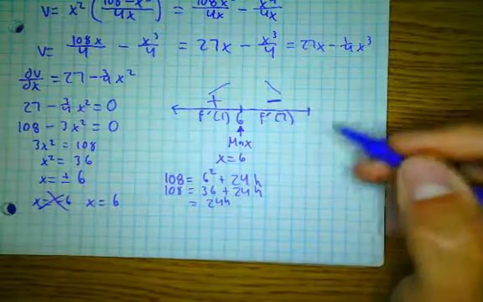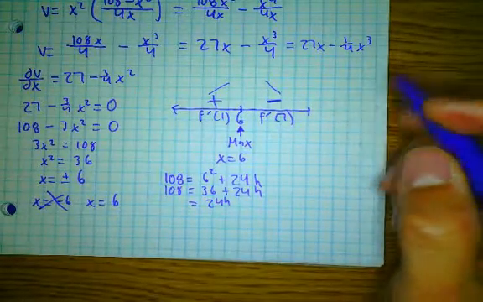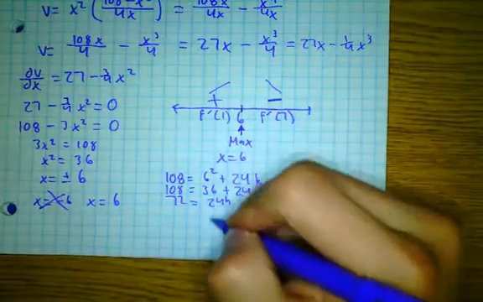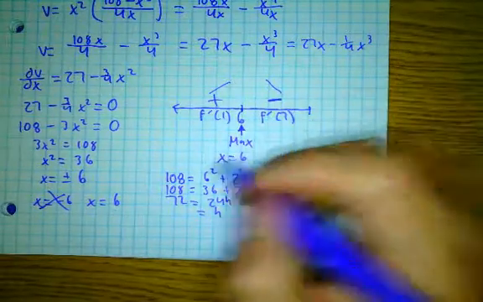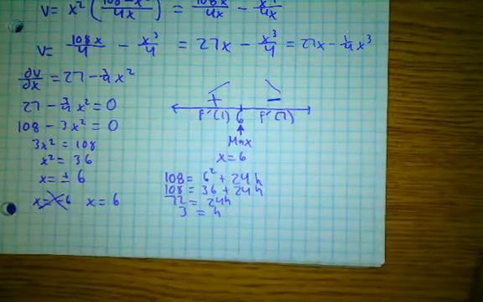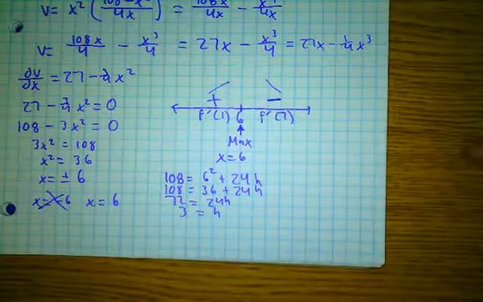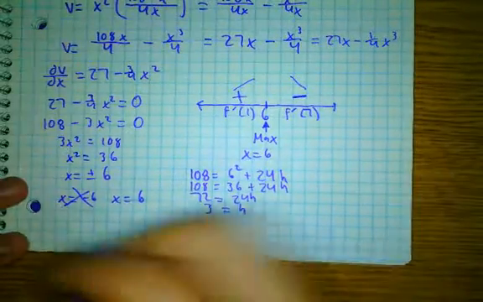So here's what we know. Therefore, the height would have to be 3. The length would have to be 6. The width would have to be 6.